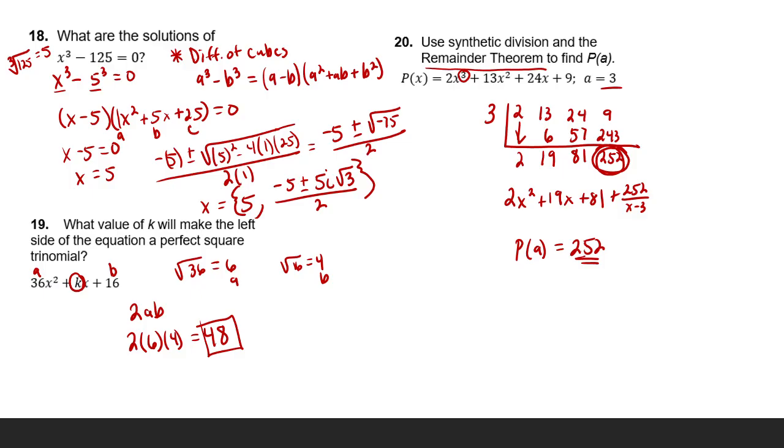Remember the shortcut for doing this, if you don't like synthetic division, is you could take your original equation. I'll show this in a different color. You could simply plug in, because again, it's not going to ask you to show your work. You're just trying to find the correct answer. You could just plug in 3 everywhere there's an x, and you can try this on your calculator.